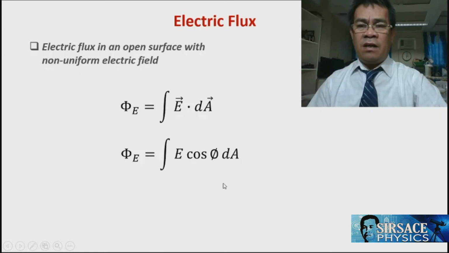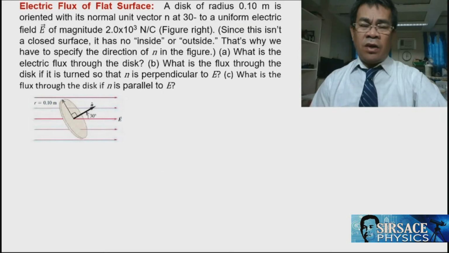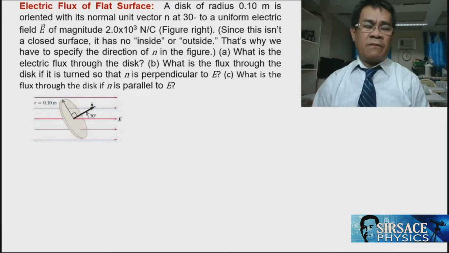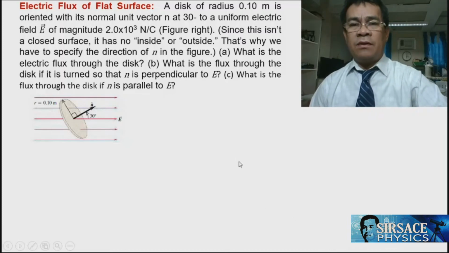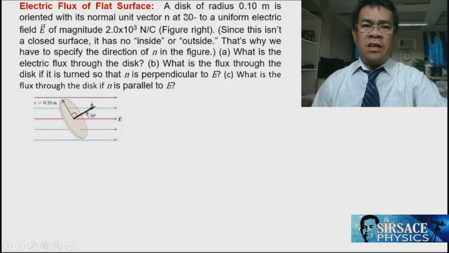This is the formula of finding electric flux of an open surface with non-uniform electric field. Okay, so in order to verify how far we are from the concept of the electric flux, let us consider this problem application. Consider a disk of a radius of 0.10.